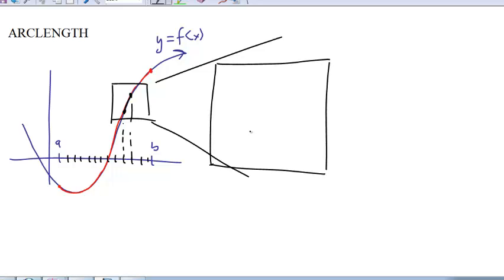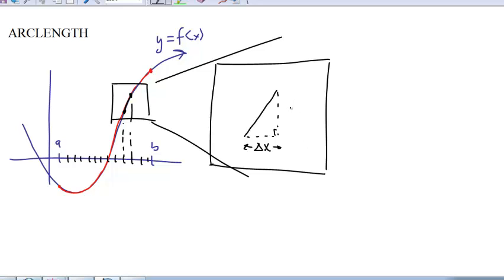And the rough picture is that it is roughly a rectangle. I know what we've been doing up until now is talking about this as b minus a over n, and that is right. But for now, I want to call it delta x, the change in x, however much the x changes from there to there.